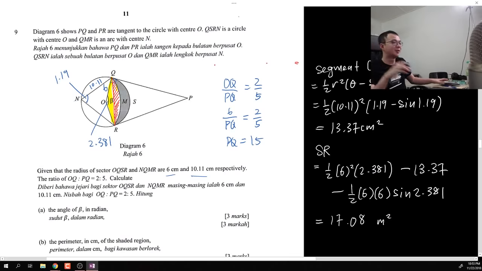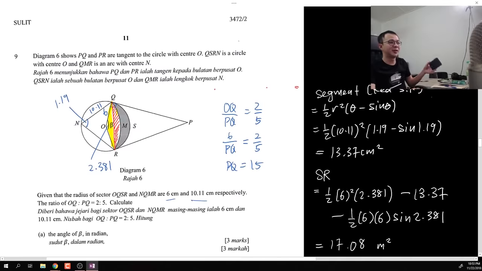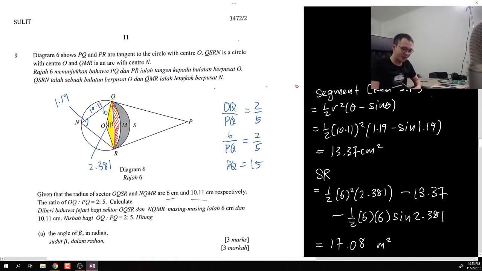Every year a lot of students tell me the sine, cos, tangent must be in degree. Even the teacher doing the marking scheme makes this one in degree. But let me tell you something. No matter whether it's degree or radian, you just make sure your calculator can understand. If you change your calculator to radian, you can type all the sine, cos, tangent in radian.